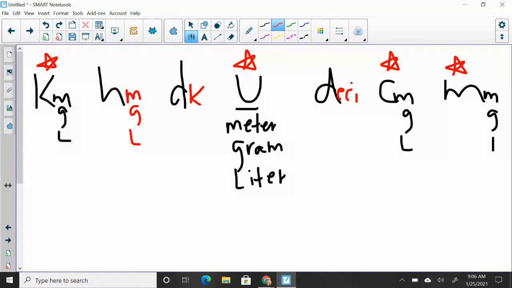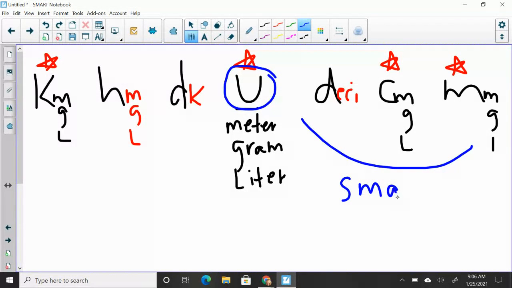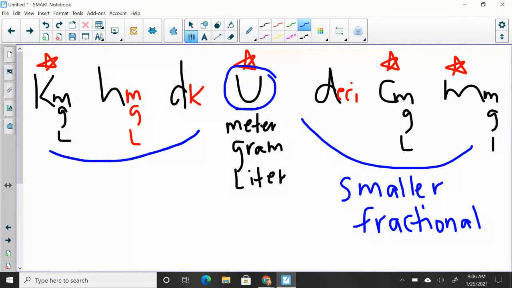So if this is our base unit right here, all of these on this side are smaller or fractional parts. Okay. And all the things on this side are larger.